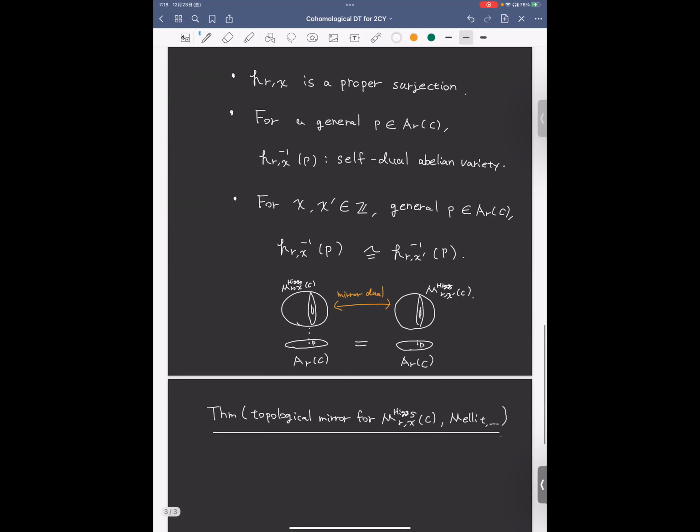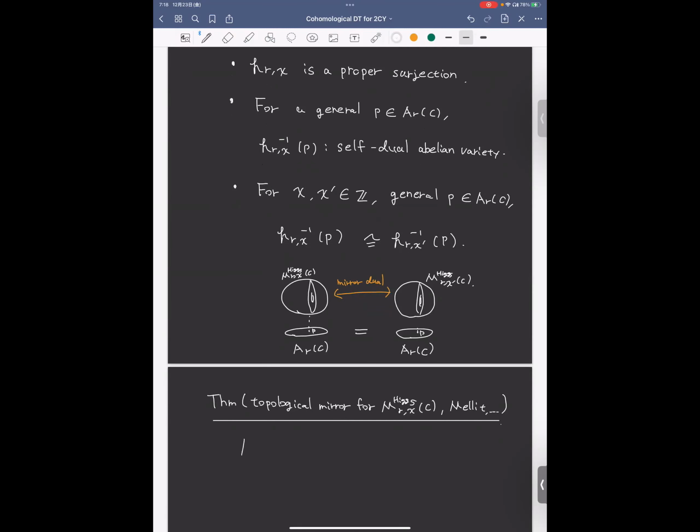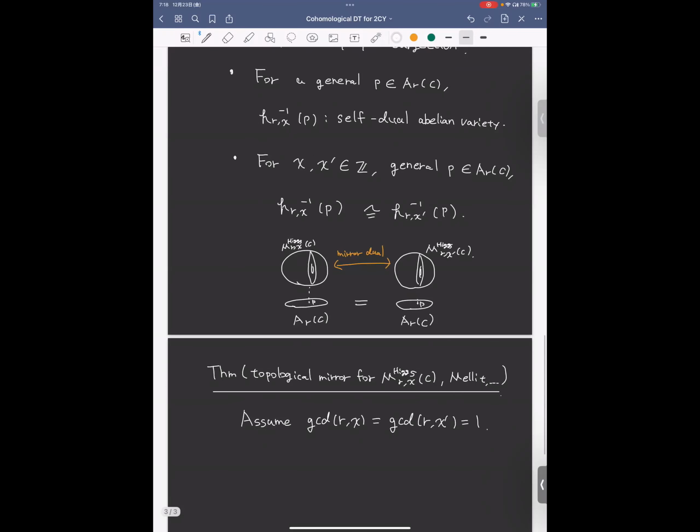Okay. Now assume that GCD of R and chi is equal to GCD of R and chi prime, which is further equal to 1. So these moduli spaces are smooth. Then we have an equality of Hodge numbers.